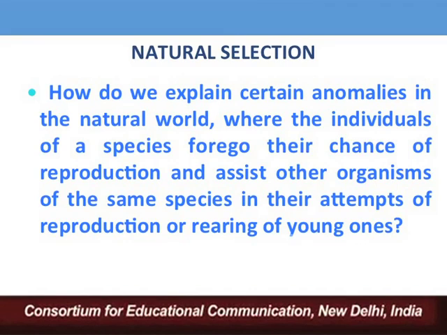So in that context, we come across certain cases which tend to be anomalous, which do not follow the principle of natural selection. How do you explain these anomalies in the natural world, where certain individuals forego their chance of reproduction and assist other organisms of the same species which are related to them? They assist them in their attempts at reproduction so that they can produce young ones, or they might help them in rearing the young ones.